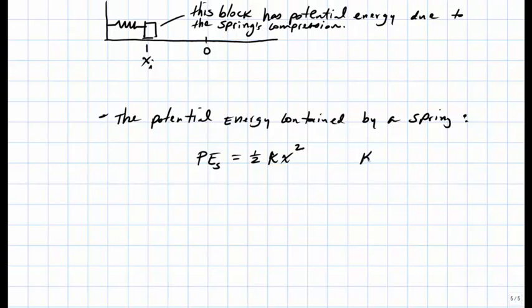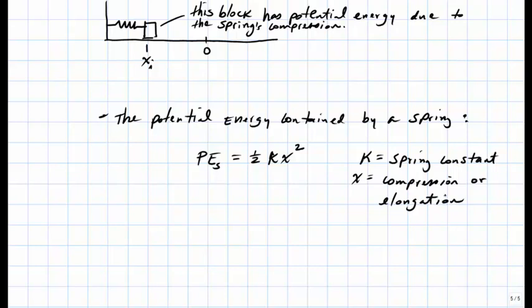Of course, k refers to the spring constant, and x refers to the compression or elongation. Of course, PES stands for the potential energy contained within a spring.